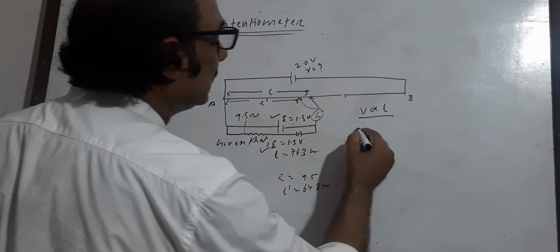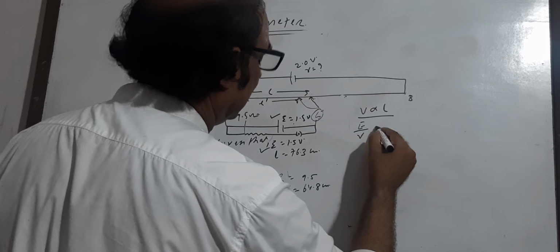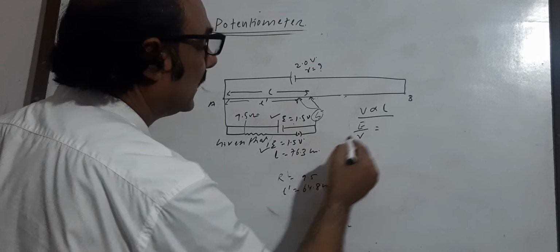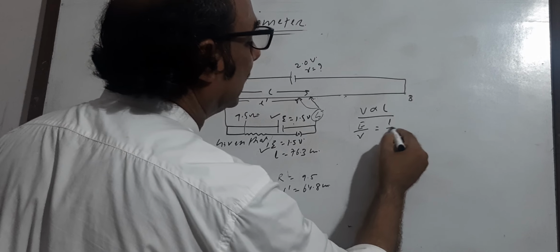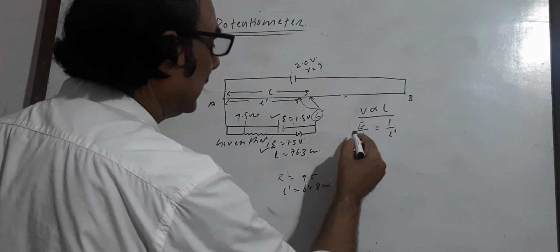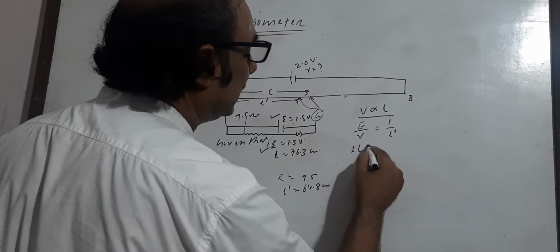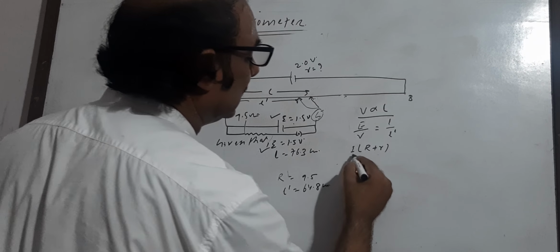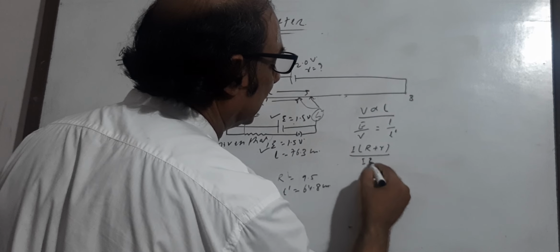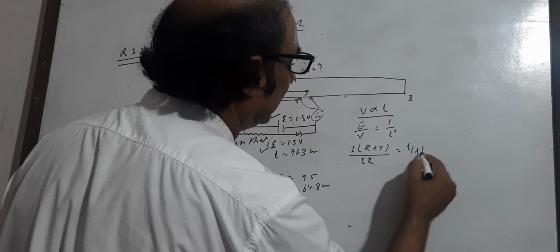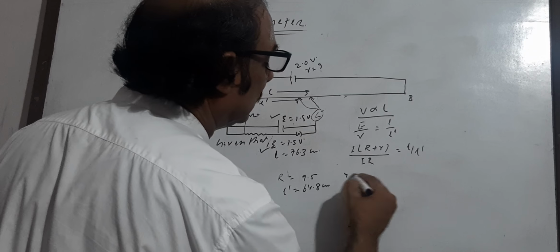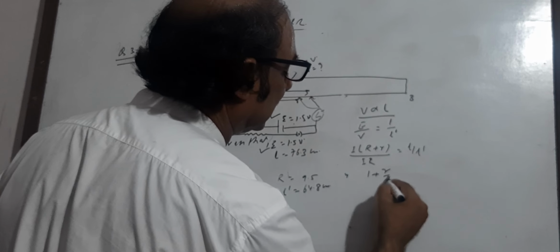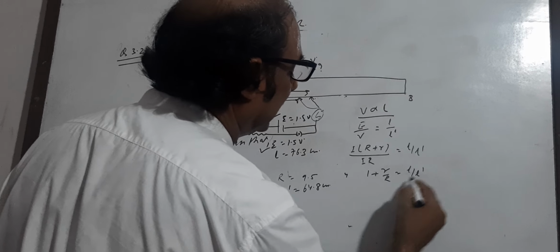Using the principle E by V equal to L by L dash, and E equal to I into R plus r, V equal to I R, equal to L by L dash. This value 1 plus r by R equals L by L dash.